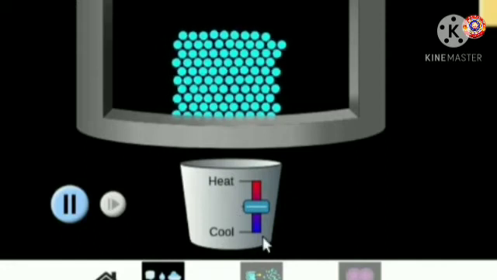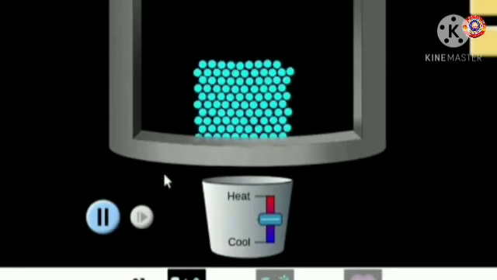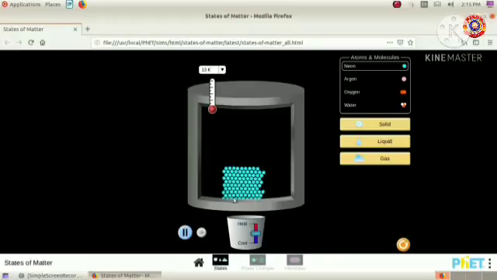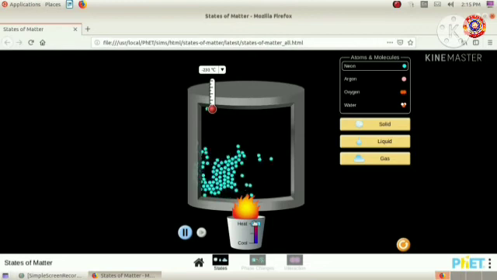And here we can apply heat, the temperature, to the substance. Now let's change the temperature of this substance. I am changing the unit to degree Celsius and apply heat. For giving heat, click and drag the mouse to the upward position.